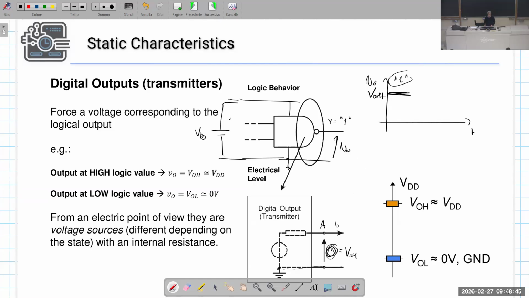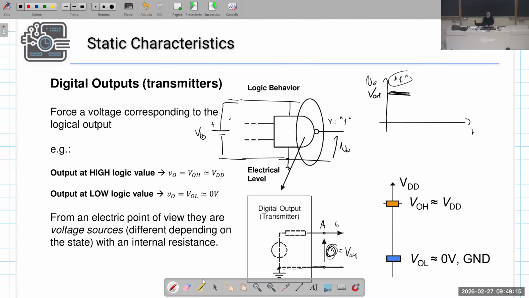If the logic level which is to be forced is high, this voltage is a certain value which is called VOH, the output for the high logic level. Most typically, this logic value corresponds to the supply voltage or is close to it. This is the case in particular of the CMOS logic that we will discuss more in detail in this course.